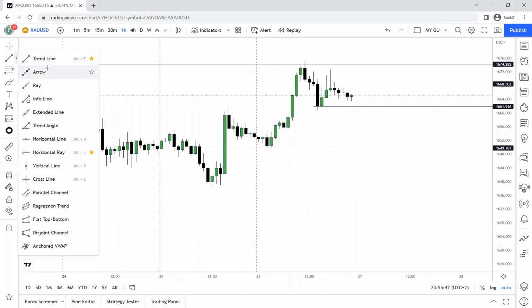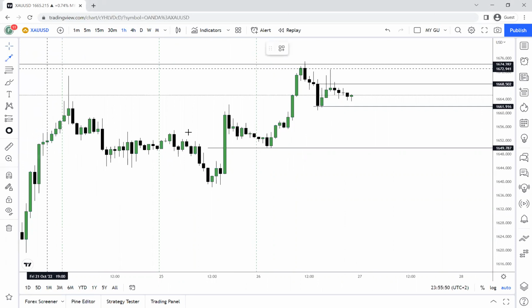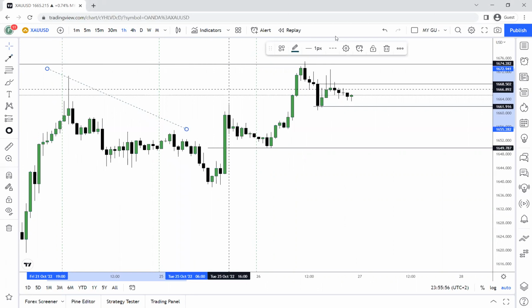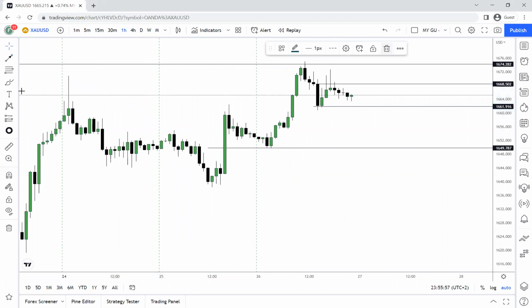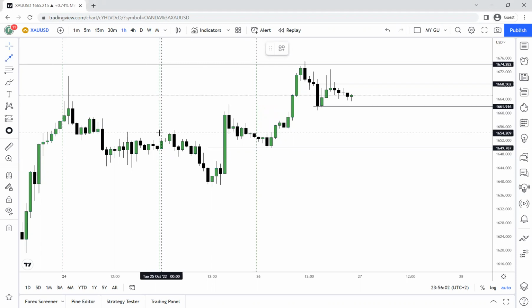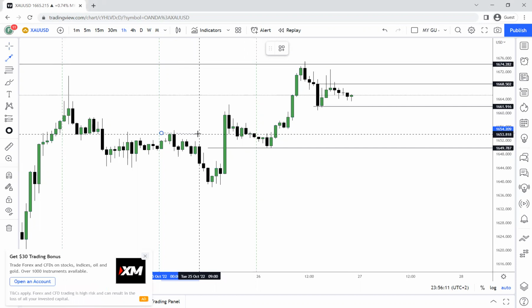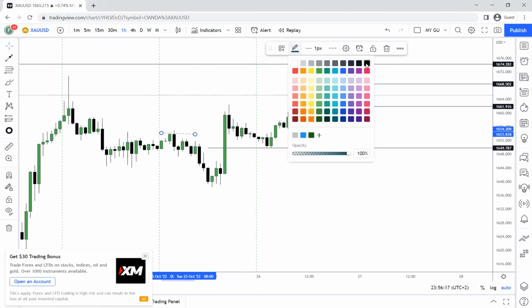We are saying from where the market opened, that should be right here, till around 9 o'clock, the 8 o'clock candle. The Asian session closes right there. That's where the Asian session closes.